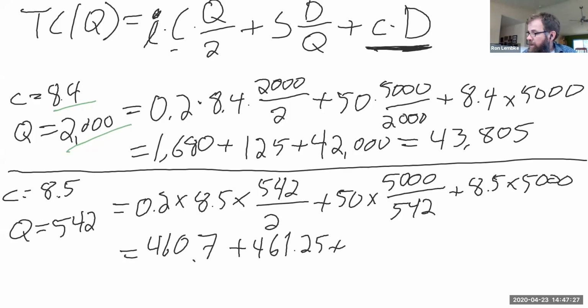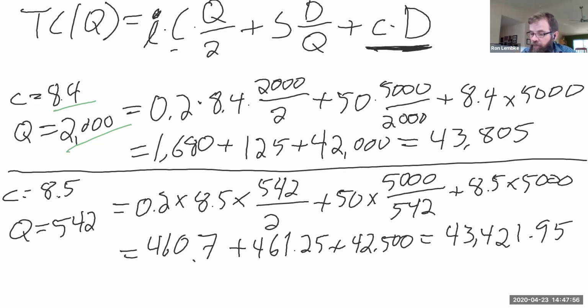And then we have 8.5 times 5,000, which is 42,500. So we get the total of 460.7 plus 461.25 plus 42,500, which is 43,421.95.